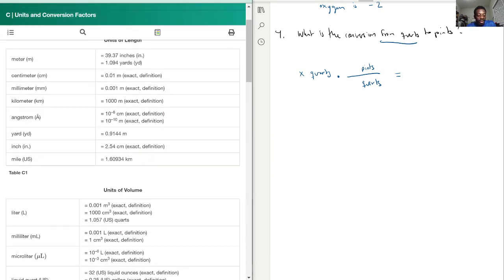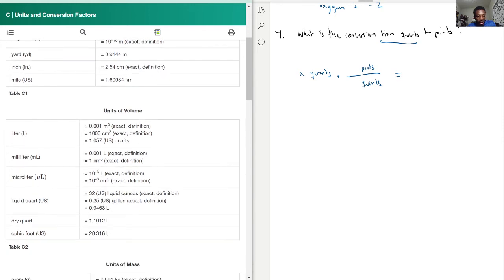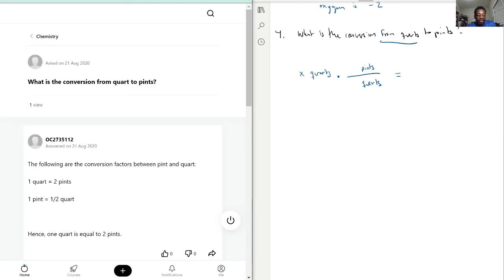And then now we find the relationship. Luckily I have this here to be able to at least convert here, but I don't know if it has quarts and pints. We have quarts, but no pints. Unfortunate. So we're actually going to look at what it says here. 1 quart equals 2 pints. It means for every quart, there's 2 pints.